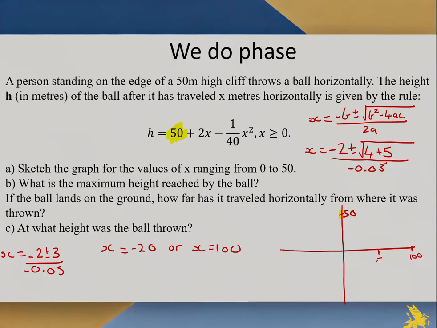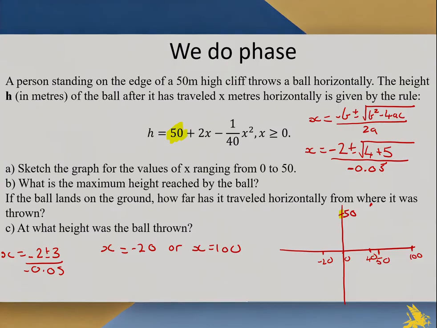I'm only looking at positive x values, so just be mindful of that. And I'm not looking at this part, but I know this goes up. So straight away, I know between negative 20 and 100, that means the halfway point must be 40. So 40 is going to be where my turning point is.